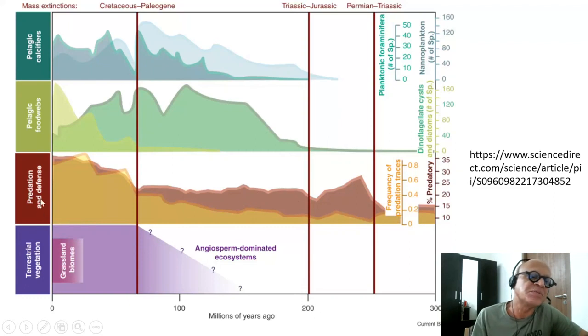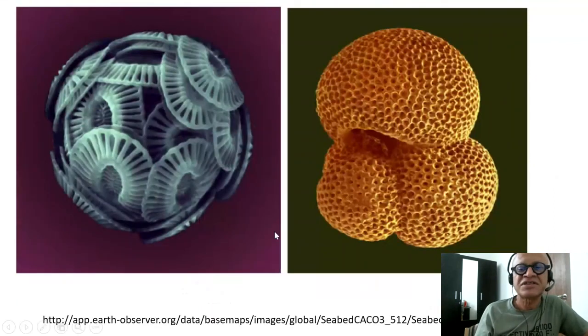So this is the predation and defense that is being looked at. Predation is higher here, and then predation goes down, the defense mechanism dominates, and you have pelagic calcifiers dominating. The basic story is that the calcifiers are a recent evolution.